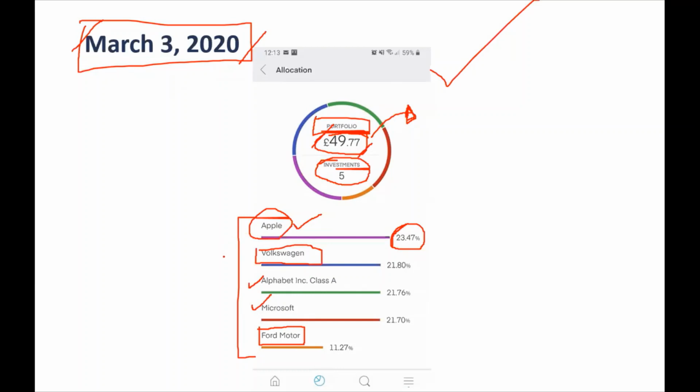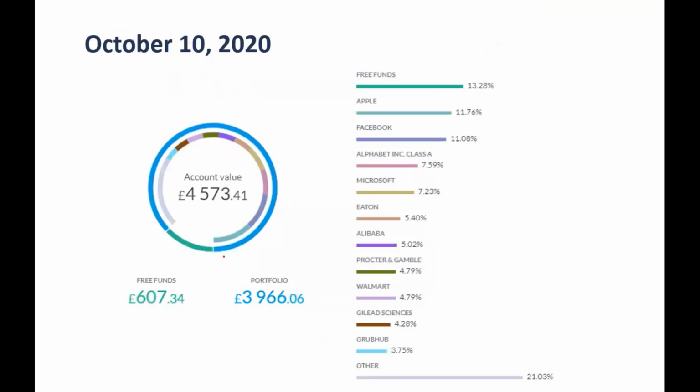Okay, so let's see the update. How much is my account value right now? It's around 4,500 pound plus.